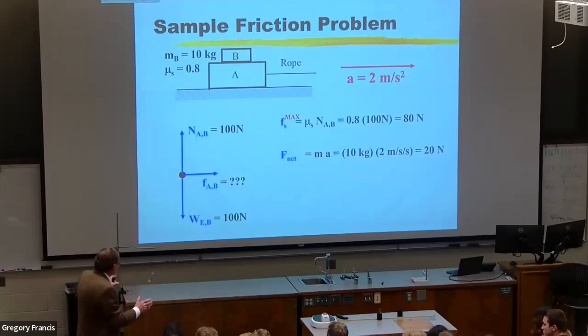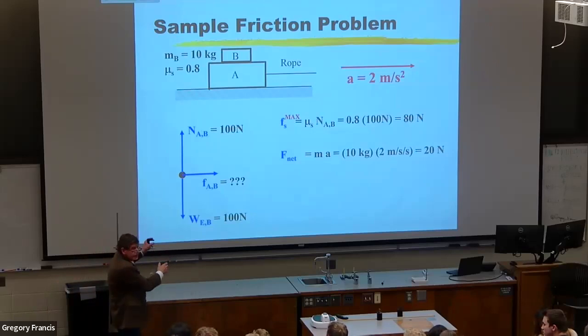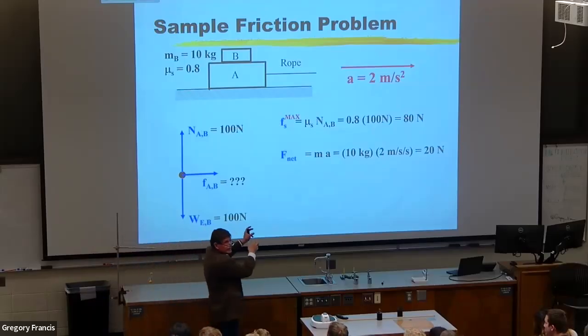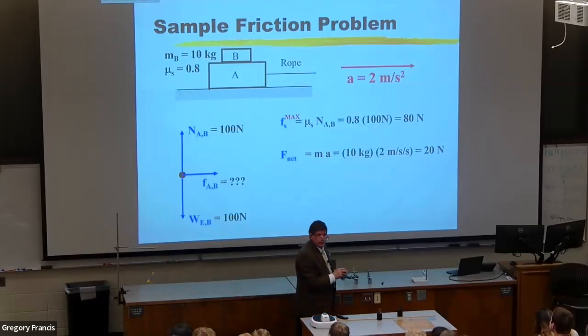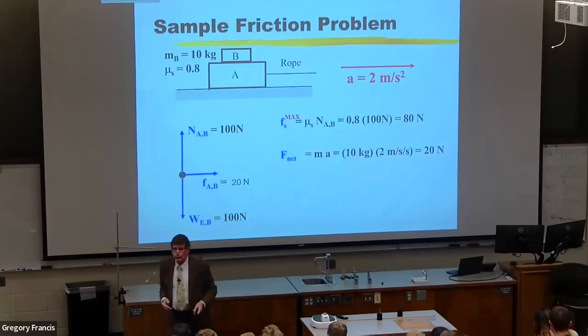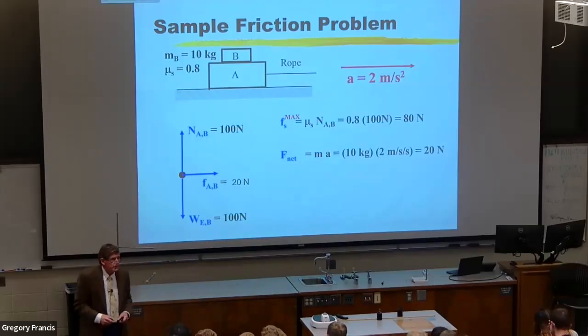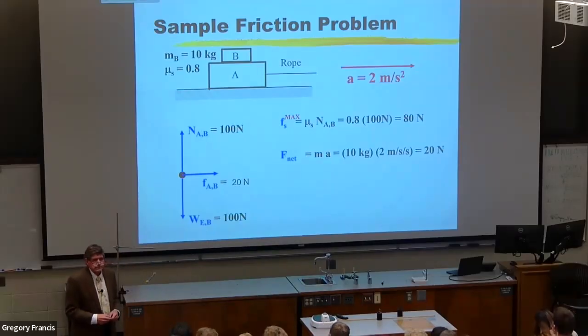No, no, no. If that free body diagram is for block B, then the mass in F net equals ma is the mass of block B. Full stop. And the acceleration is the acceleration of block B. And 10 times 2 is 20. That tells me that the friction force has to be 20 newtons. That's the scream, and it's provided by the friction force.